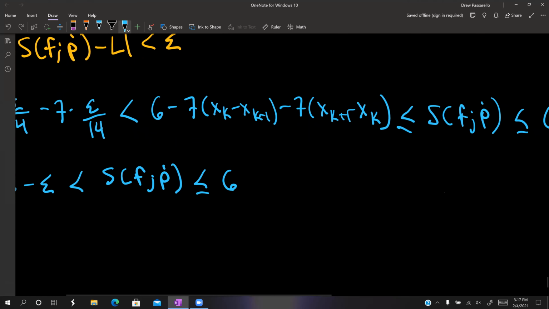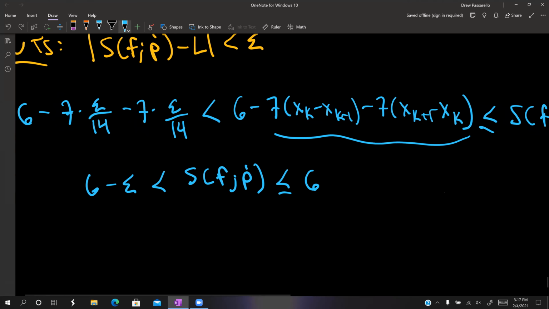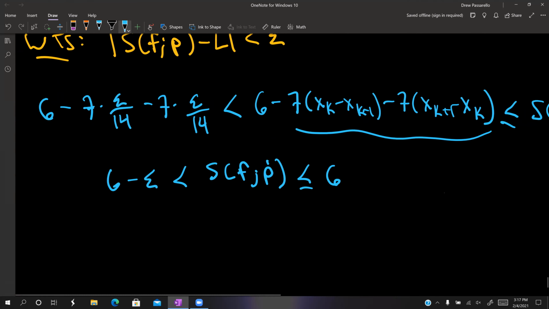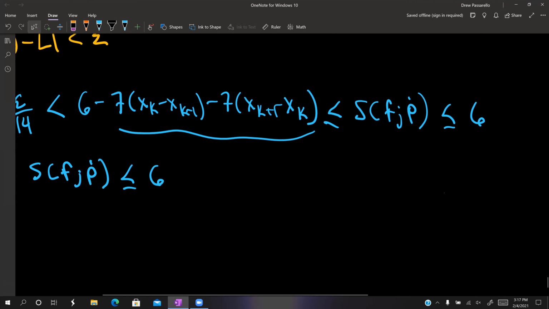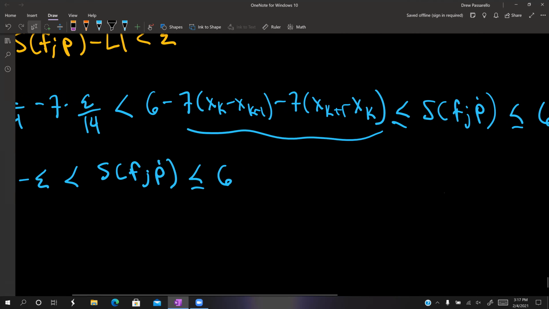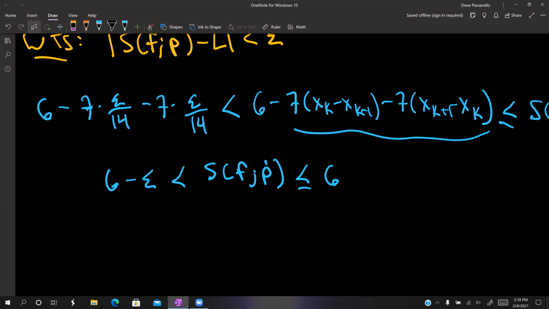All right, I just skipped writing this part and just wrote, going from the next line to below, just the leftmost portion is 6 minus epsilon, and then less than or equal to the summation part, which is this. I basically just skipped writing that part to make it a little bit more condensed. And we know that sum's less than or equal to 6.